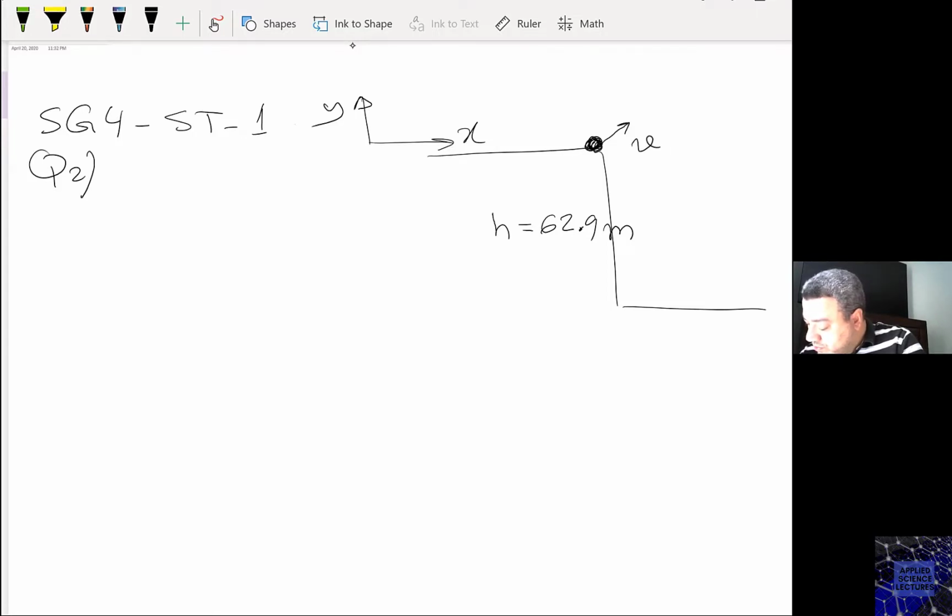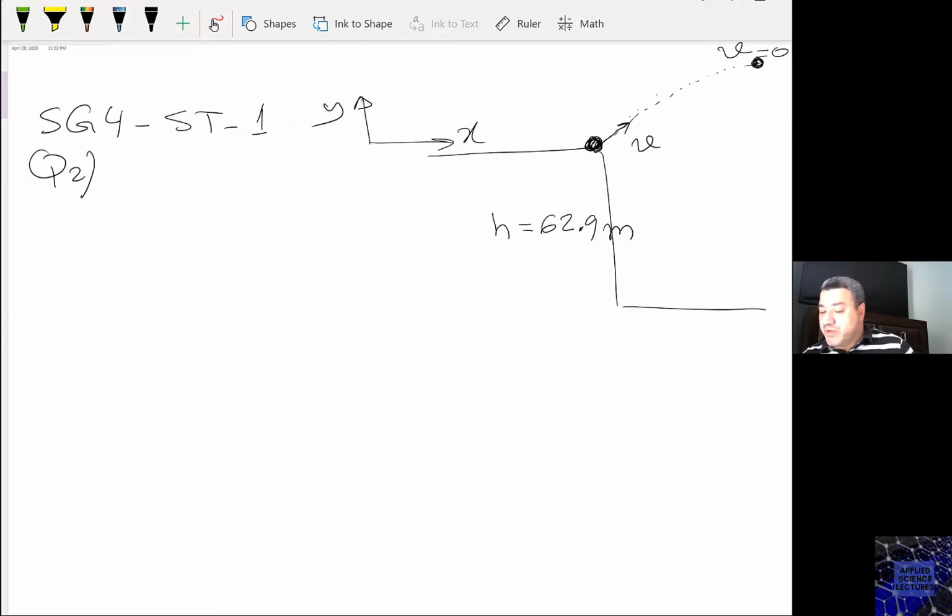It's going to go all the way up to the maximum height here. Right here, the velocity will be 0, right? The velocity here becomes 0. So we need to calculate the work done on the ball by gravity on the way up to its maximum height.